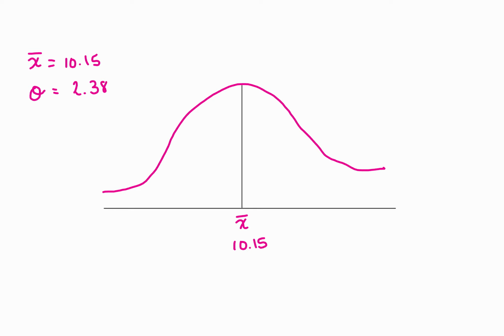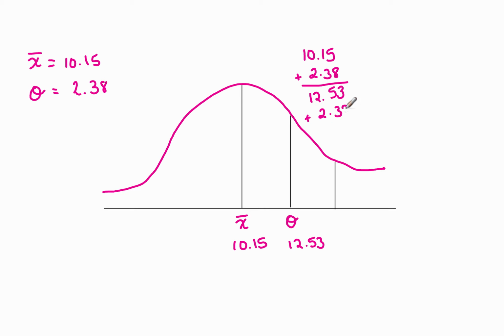Now my next line represents one standard deviation above average. That means if average is 10.15 and standard deviation is 2.38, I add that on. So that means this is 12.53. Two standard deviations above means I'm going to add on another 2.38.